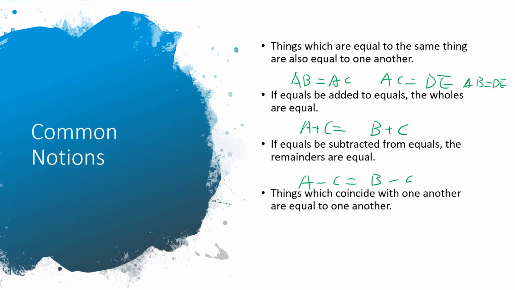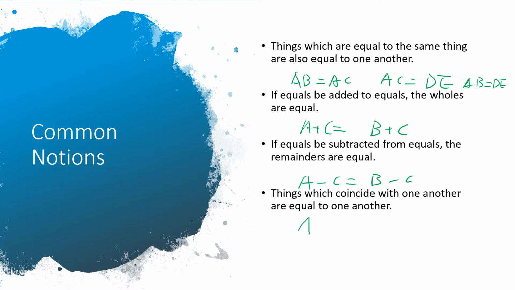Okay. Things which coincide with one another are equal to one another. Coincide actually means perfectly overlap.